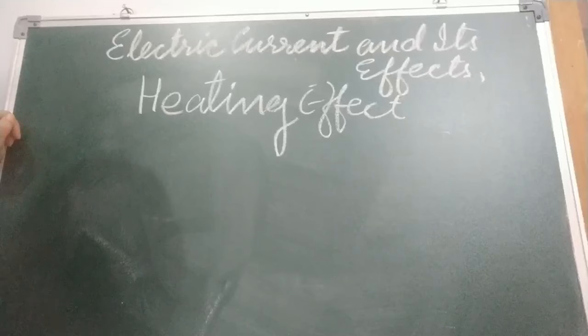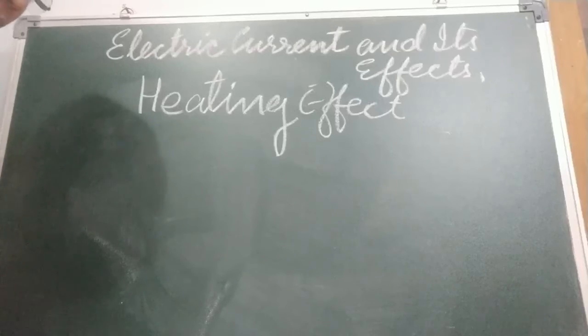What is the advantage and disadvantage of this heating effect? Generally, the heating effect of electric current is not good because it results in a loss of electric energy. Children, when a mobile heats up, what do you say? Is it an advantage or disadvantage? It is a disadvantage because the charging is being wasted just because of the heating effect of the electric current.